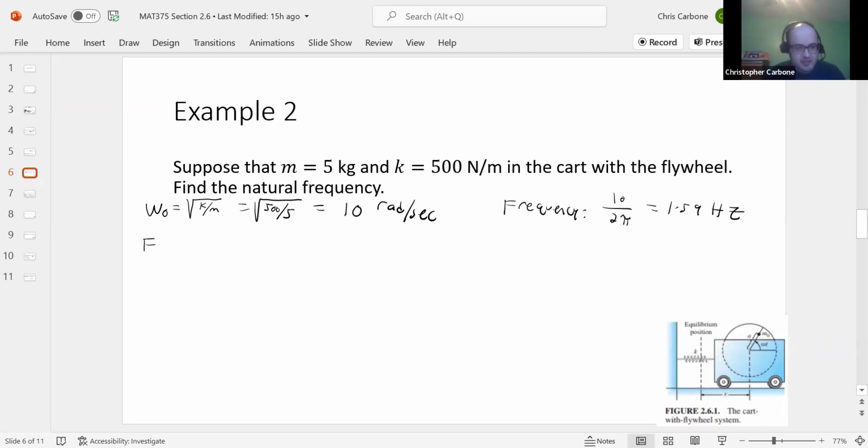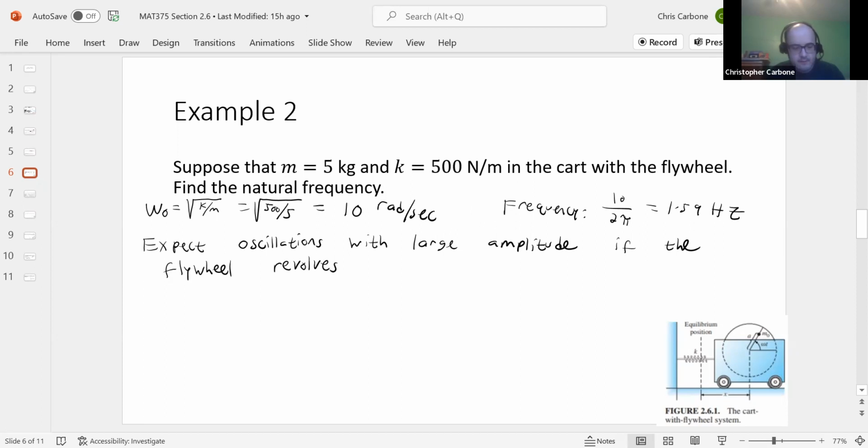For this, we would expect oscillations with large amplitude if the flywheel revolves at that frequency of 1.59, multiplied by 60 seconds per minute, for 95 revolutions per minute.